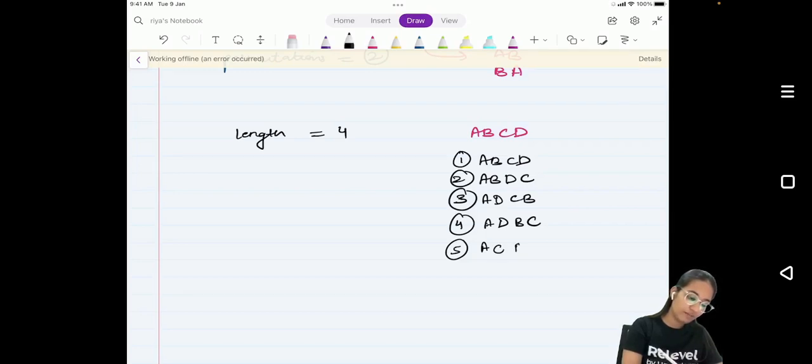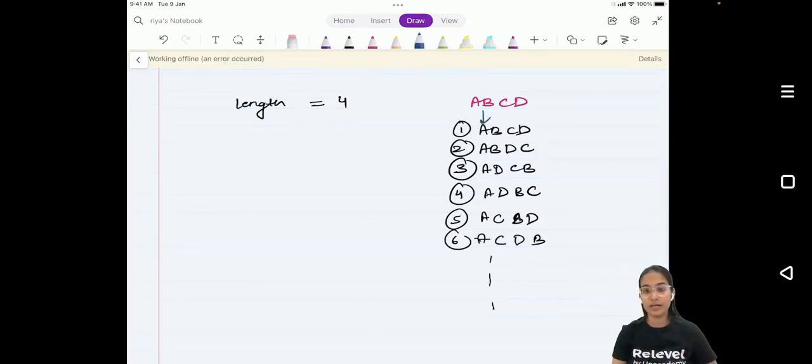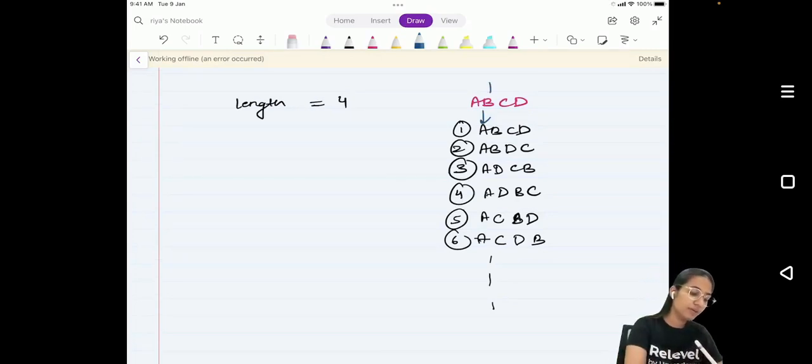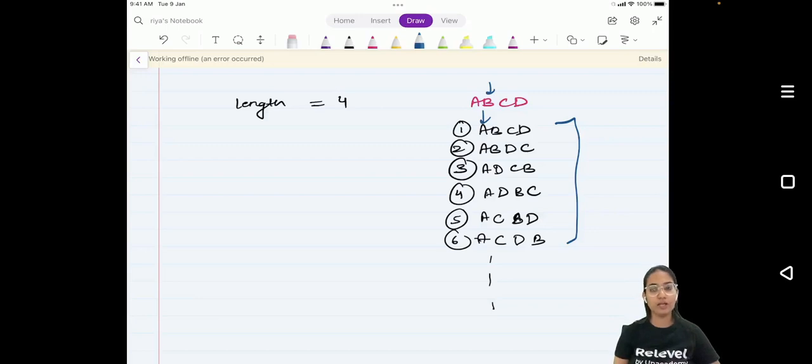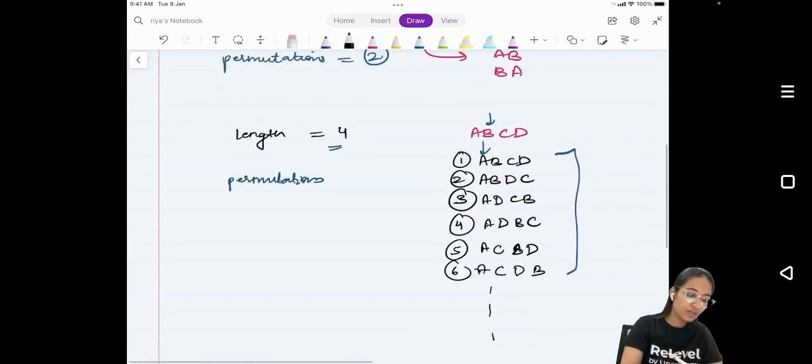Then we have ADCB, and so on. So in these permutations, the A was always at the front. Similarly, if you keep B at the front, then again all sorts of permutations will come. Think of it this way: these are all the permutations when the A is at the front.